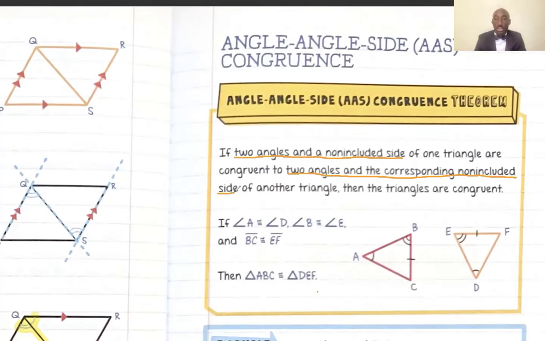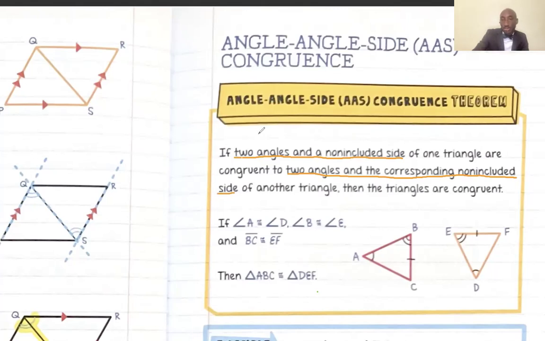That's important, because you can't have a random non-included side. It has to be the corresponding side based on the angle placement and side placement.